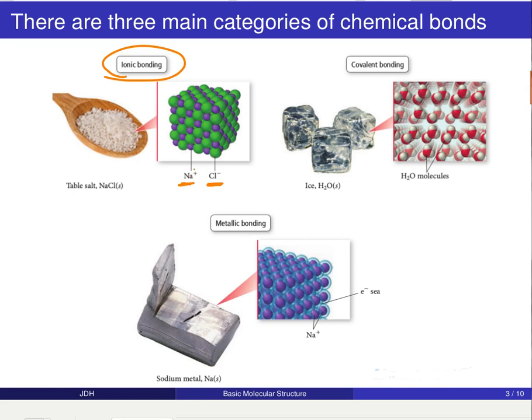And you can get these nice ordered lattice structures like you see here for sodium chloride, or just simply table salt, where you have this alternating arrangement of the little purple sodium plus cations and the green Cl minus anions. So basically you have formal charges being formed on each one of these ions and attraction between the positive and negative charges.